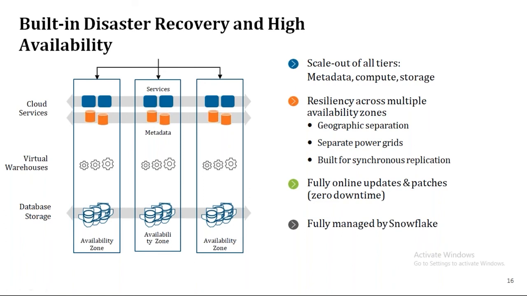Snowflake is making sure of that, and cloud providers are giving that assurance to us, and then they can immediately get the data from the other availability zone. Or if you have an issue with this availability zone also, then they can immediately switch to the third availability zone.